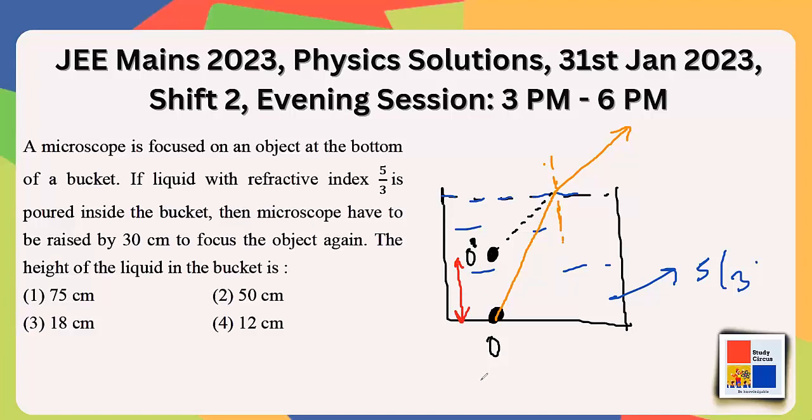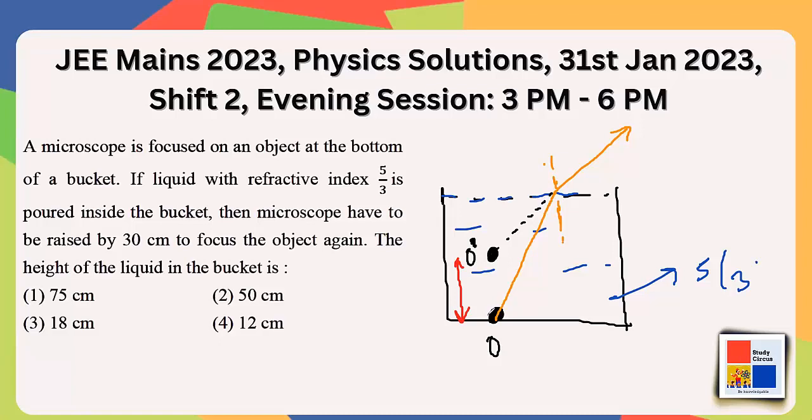So to maintain the previous condition when there was no liquid, we have to maintain the distance between the object and the microscope, right? Now that the object seems to be lifted up by some amount, the microscope also had to be lifted by the same amount to maintain the status quo.